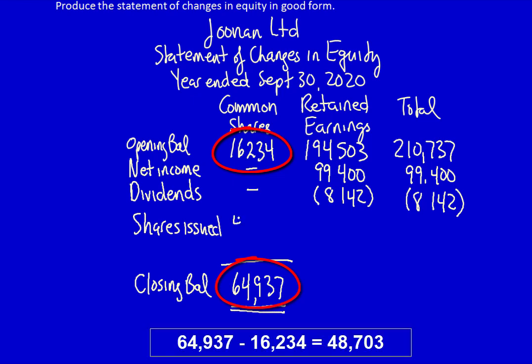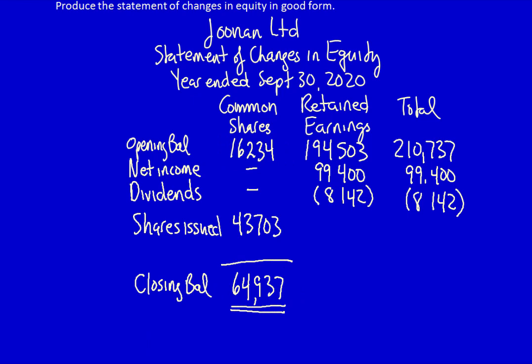The difference, 43,703. Shares being issued or repurchased never, ever, ever affect retained earnings. So the total would be 43,703.